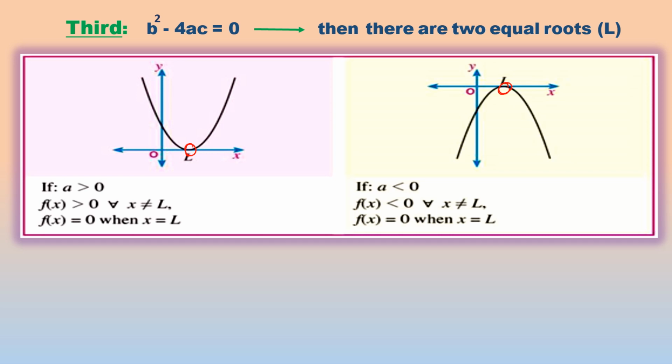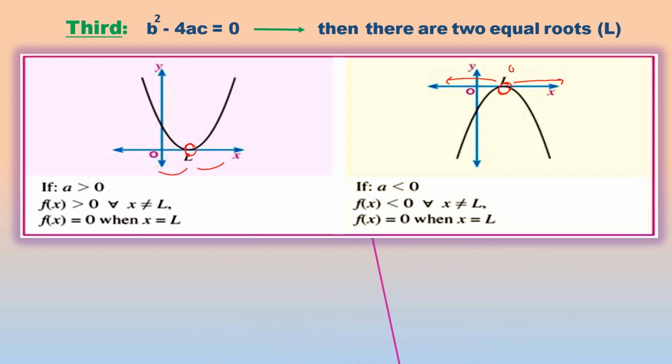So if a is greater than 0, f of x is greater than 0 for all the numbers greater than L and smaller than L, and it will be equal to 0 at L. The same in this part: if a is smaller than 0, then all the values will be negative after and before L, but at L it will be 0.